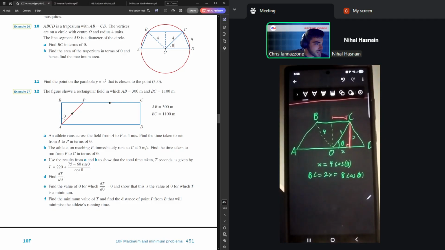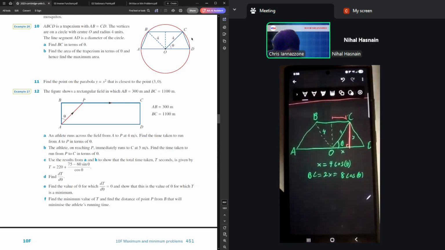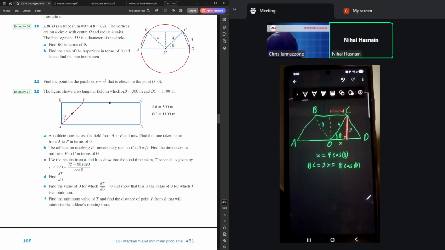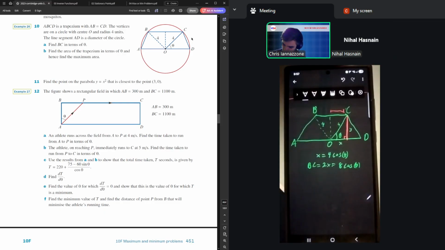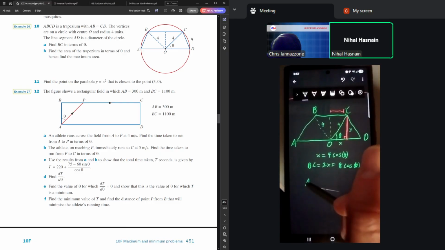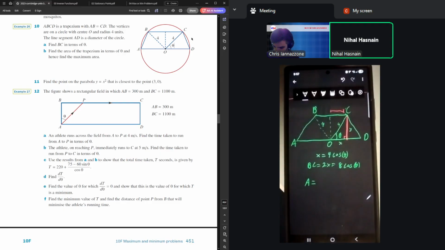Next up, find the area of the trapezium and hence maximize it. Area of the trapezium. Okay. We'll have to find y for this.